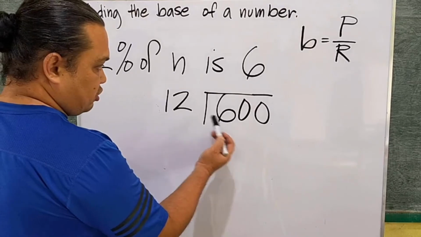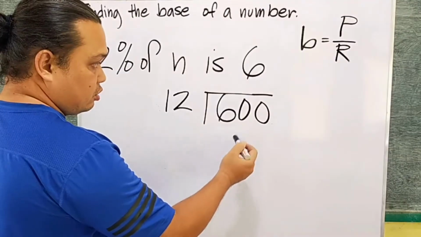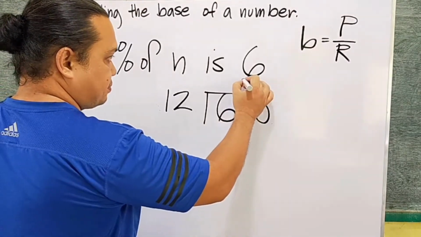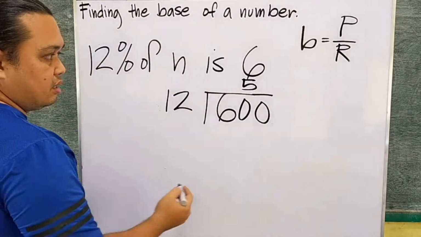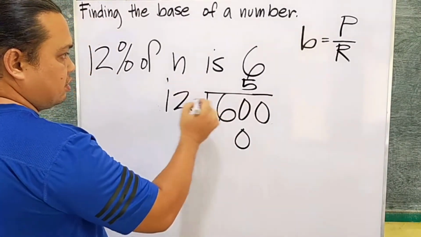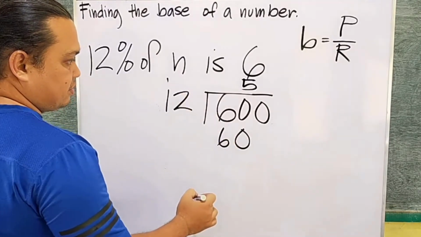Now 6 divided by 12 cannot be, so we need to add another digit. So 60. Now 60 divided by 12, let's try 5. 5 times 2 is 10, 0 carry 1. 5 times 1 is 5, plus 1 is 6. So we have 60.